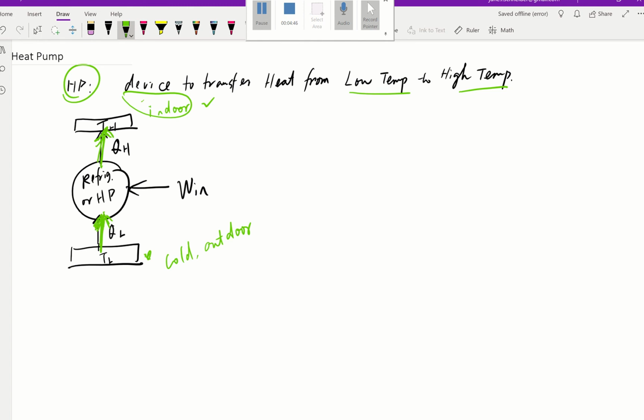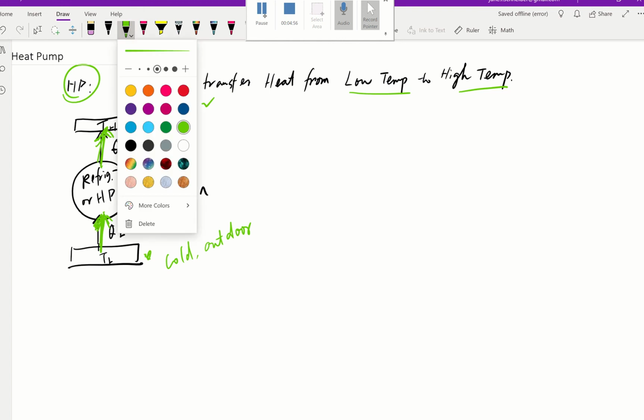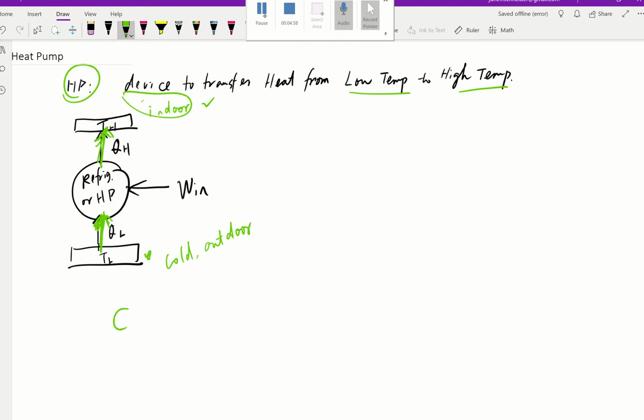Okay, so knowing the difference between heat pump and refrigerator, and knowing they're sharing the same principle, we can go ahead and write down the COP, which is the coefficient of performance. Now we're going to write down COP for HP, right? That's the heat pump efficiency. What is the desired output?